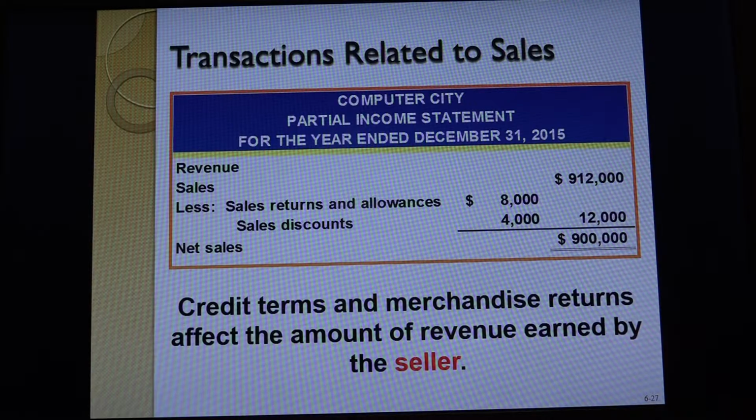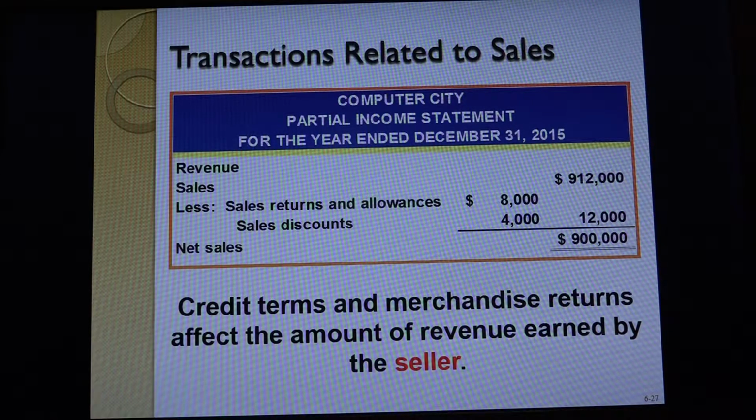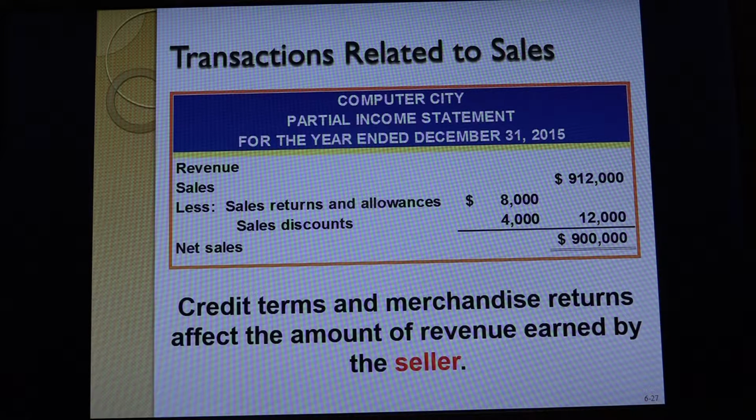We're now looking at this from Computer City's standpoint, and they are the seller of these items. Okay? These are not sales returns and allowances that they have made to their supplier. This is sales returns and allowances that customers have made to Computer City. So these would be, I would think, consumers.